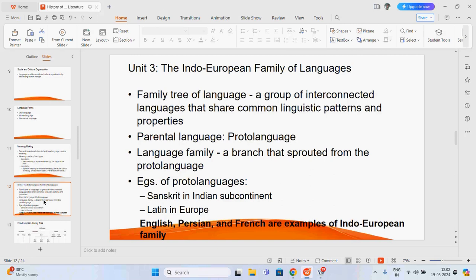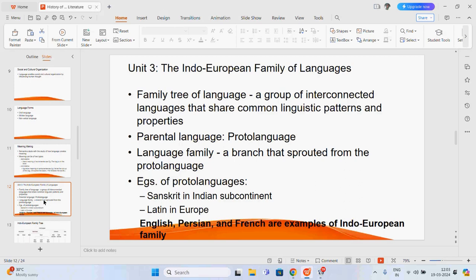When we talk about the family of languages, we are referring to the family tree of a language. And what is this? The family tree of a language is a group of interconnected languages that share some common linguistic patterns and properties. Of this family tree of languages, there will be one parental language, which is the proto-language.